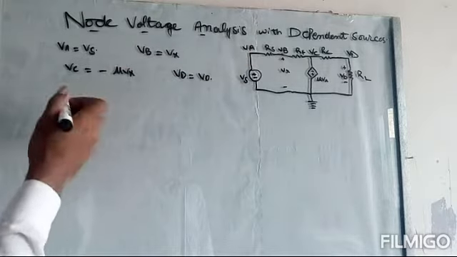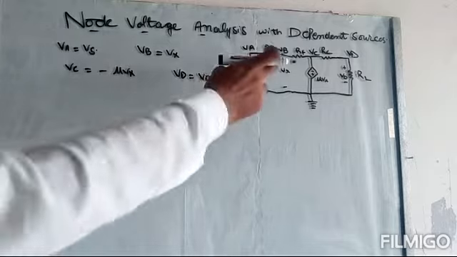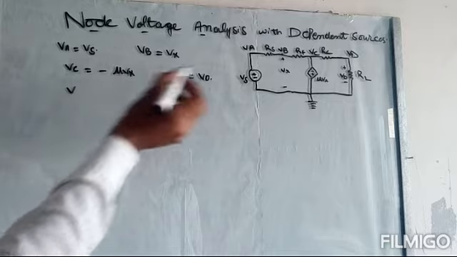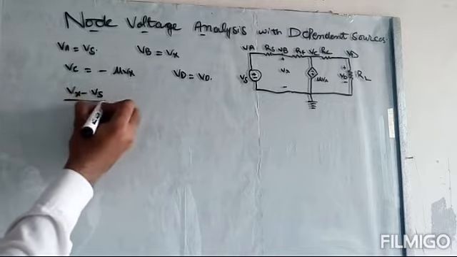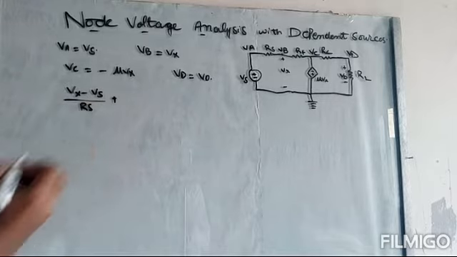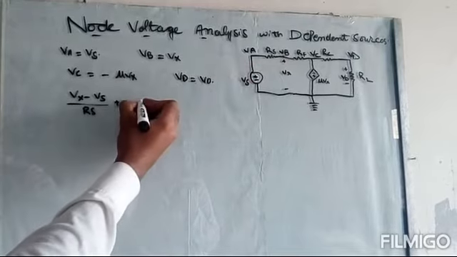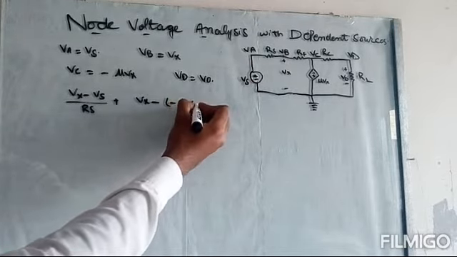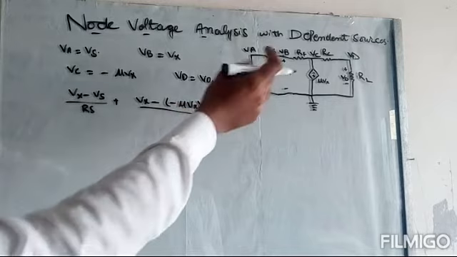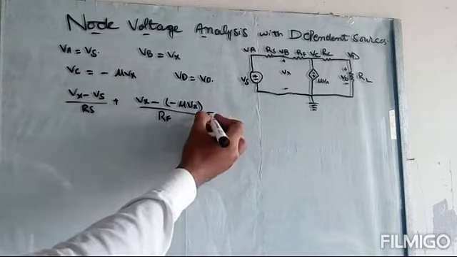So the equation will be VB minus VA divided by Rs, and as VB is equal to Vx, I am directly writing VB minus VA as Vx minus Vs, divided by Rs, plus VB minus VC. VB is Vx and VC is minus mu Vx, so Vx plus mu Vx divided by Rf, and it is equal to 0.